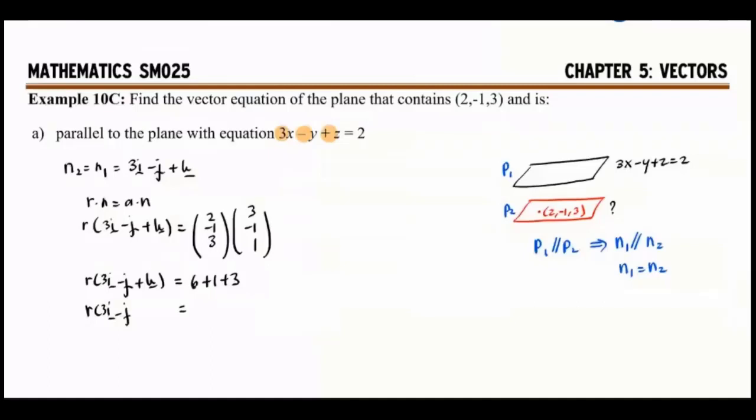Okay, so we get 10. That one will be the first case.